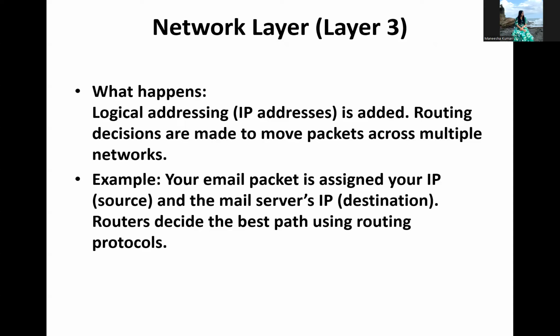Routing decisions are made to move the packet across multiple networks. For example, your email packet is assigned your IP as the source and the mail server's IP as the destination, and routers decide the best path using routing protocols. All kinds of routing protocols, like BGP and OSPF, come under this layer. Wherever the IP address is involved, that comes under the network layer, or layer 3.